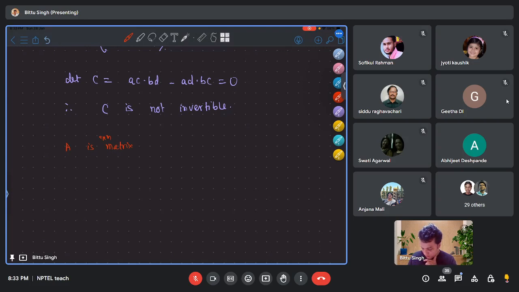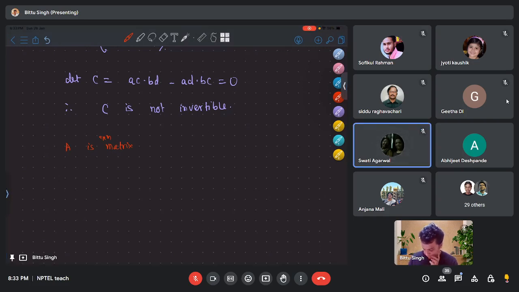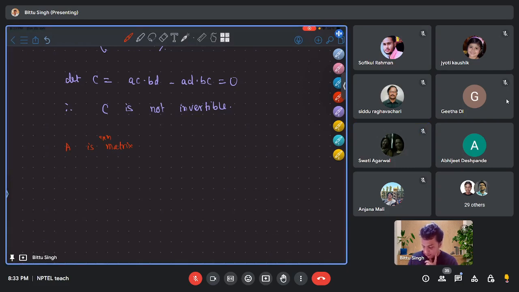What is the question number? Question number 2, yes. Entries are less than or equal to K, K is a positive integer. Then what is the determinant of A?